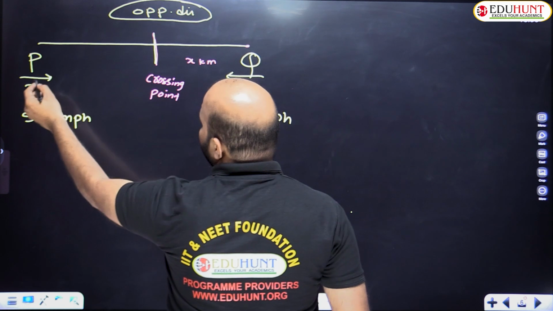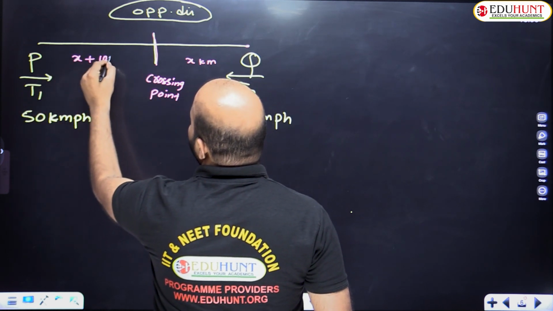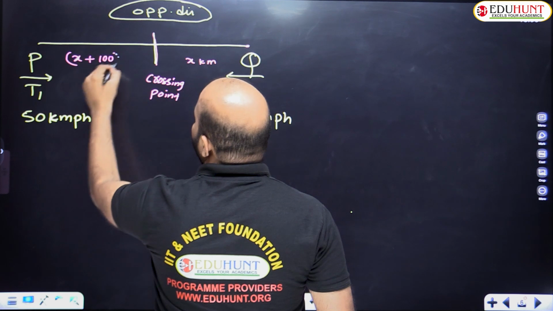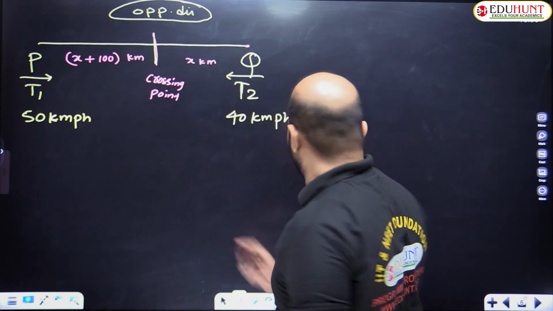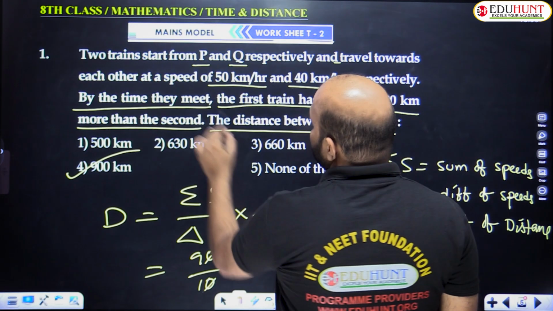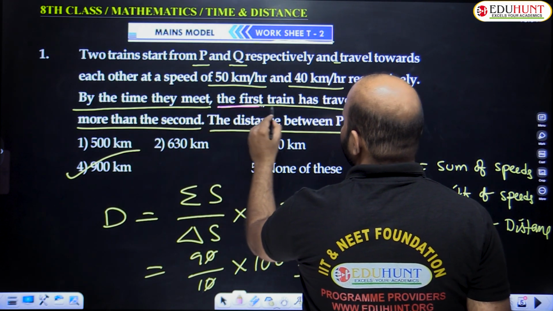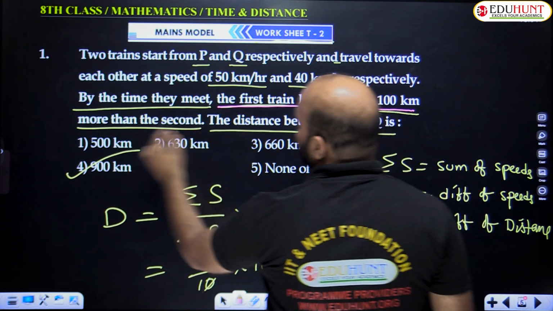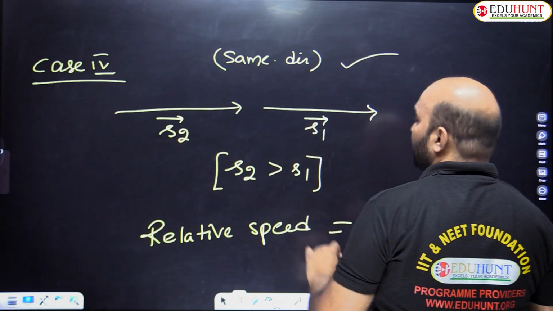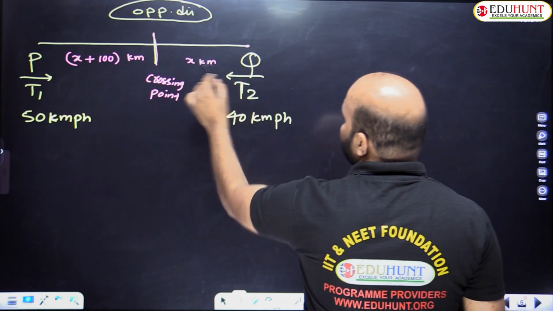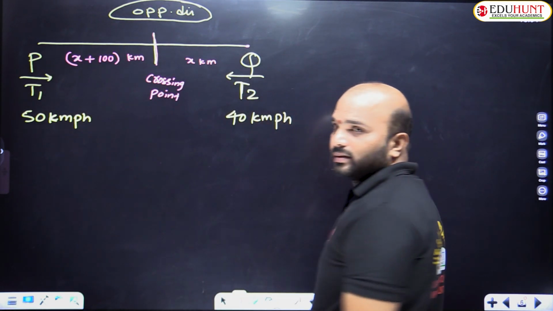T1 covers 100 kilometers more, which means x plus 100 kilometers. How do we get x plus 100? The condition is already given: by the time they meet, the meeting point, nothing but the crossing point, the first train has travelled 100 kilometers more than the second train. So that's why I have taken that the second train covers x kilometers at the crossing point, and the first train covers x plus 100 kilometers.